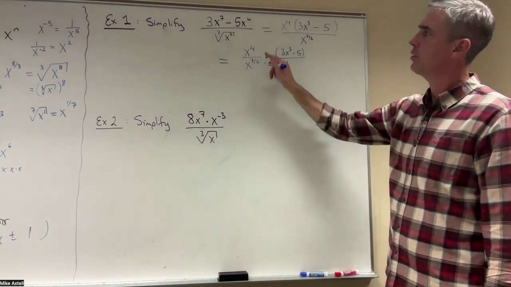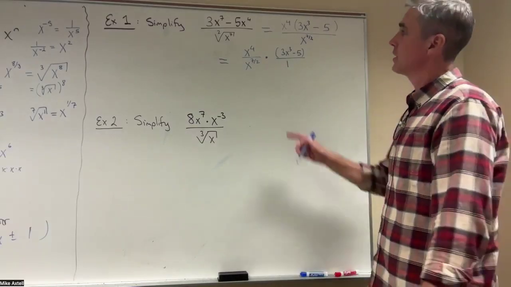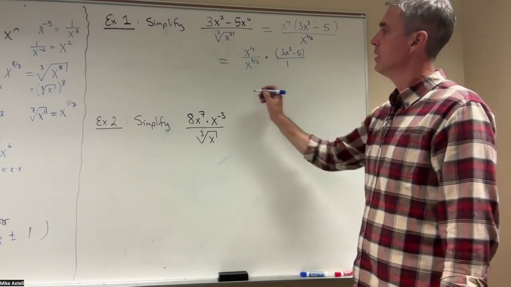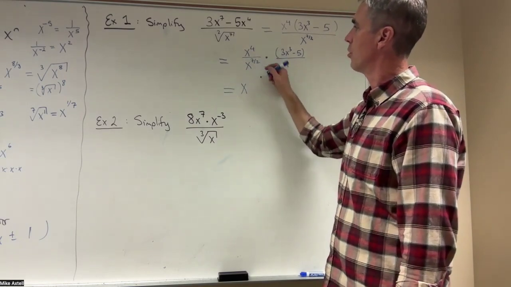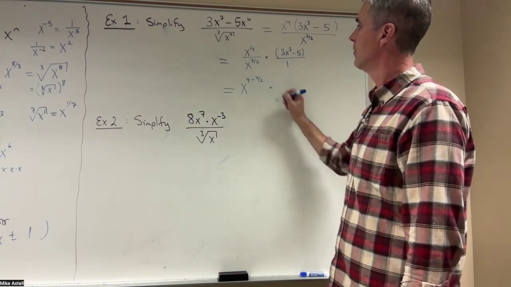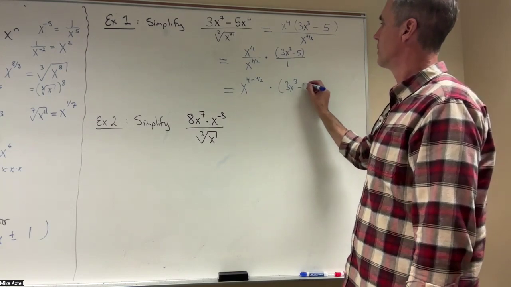So I'm putting those two x's in conflict with one another, because now I've got x raised to one power divided by x raised to another power. The rules from the previous board said I can do 4 minus 7 halves as my new power, and then 3x cubed minus 5.